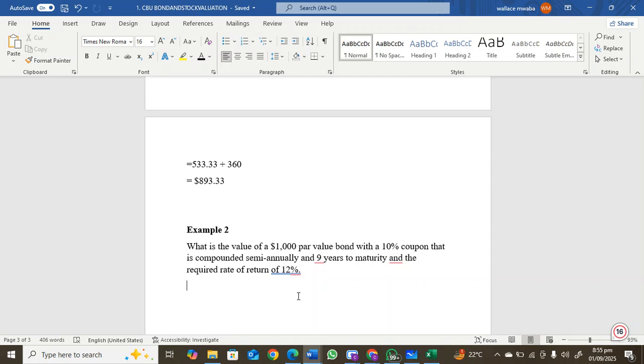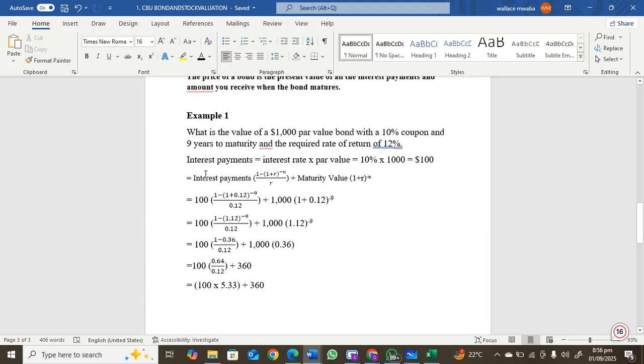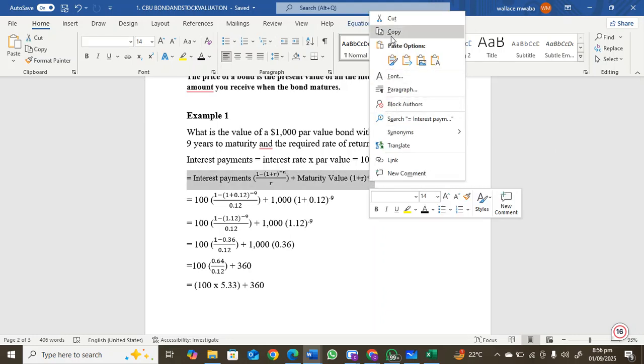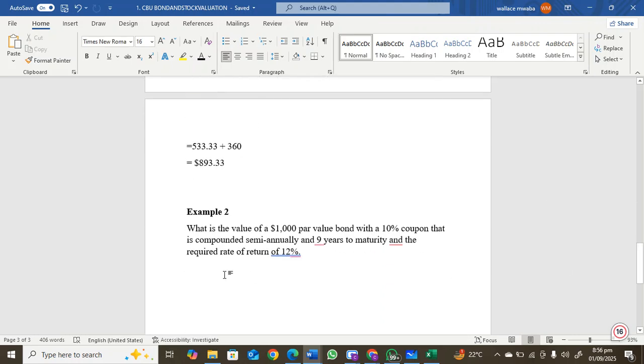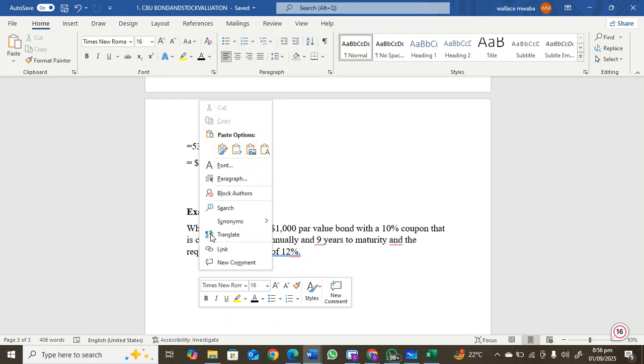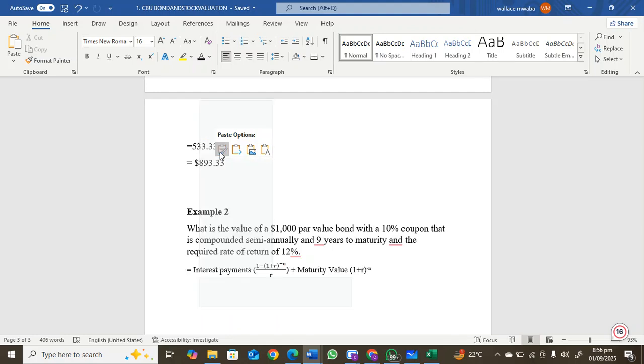First things first, I always advise you do the adjustments so that once you come to the formula, you just put in the values. But if you don't want to do the adjustments, then in the formula for the price of a bond, where there is the rate, you need to divide by 2, and where there's a time, you need to multiply by 2.